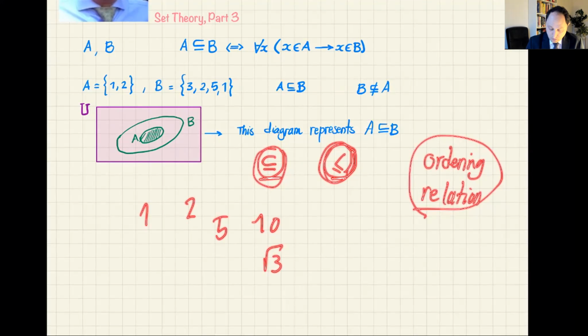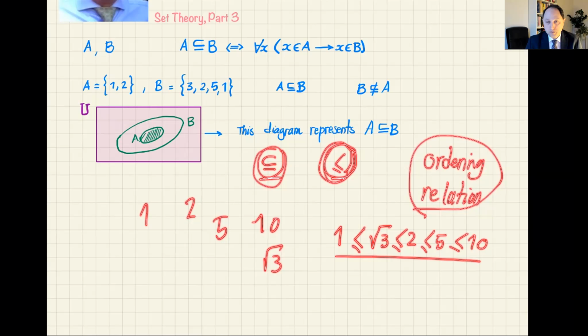Yes, so you can say 1 ≤ √3 ≤ 2 ≤ 5 ≤ 10. So you see, I am ordering my set in some way. I say that 1 comes first in this relation, square root of 3 comes second, 2 comes later, 5, and then 10.